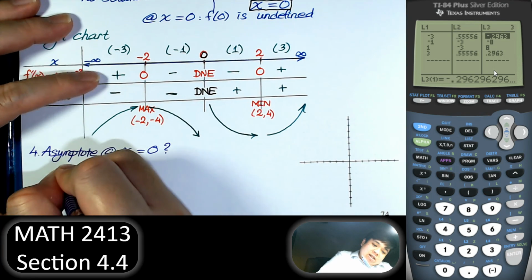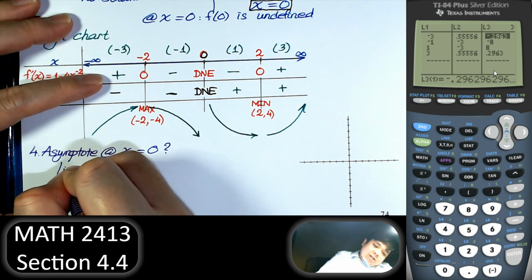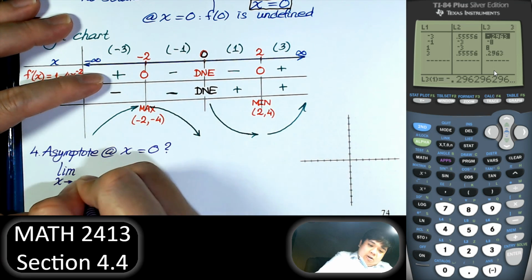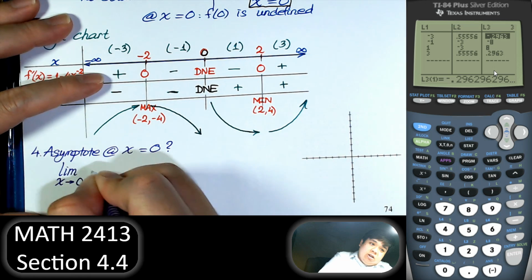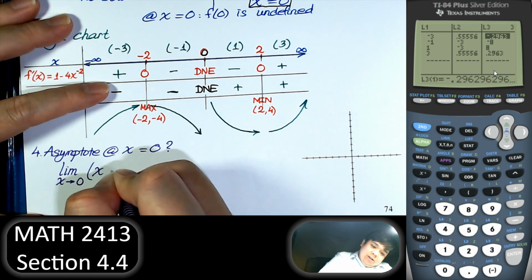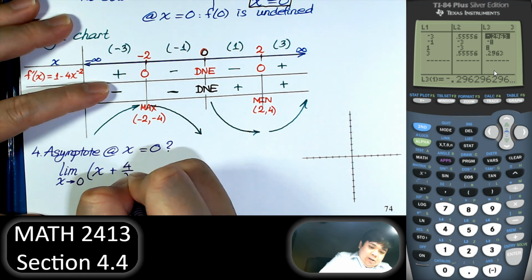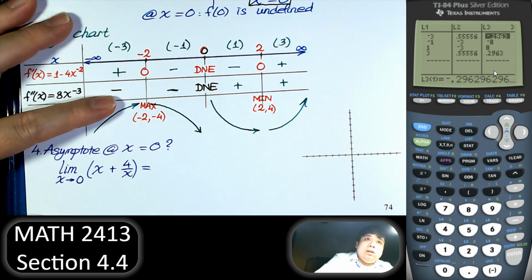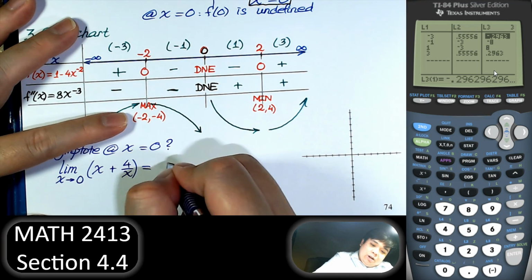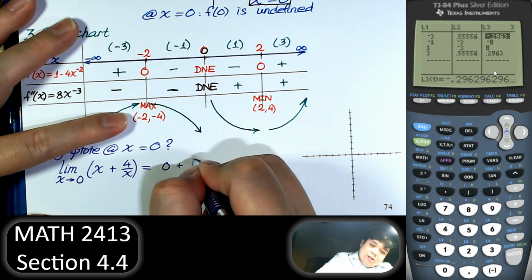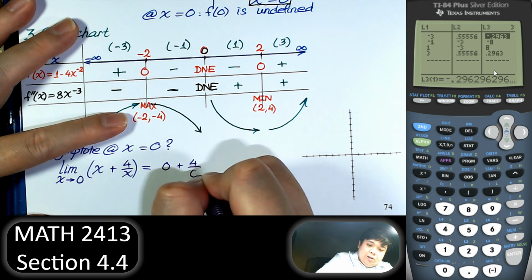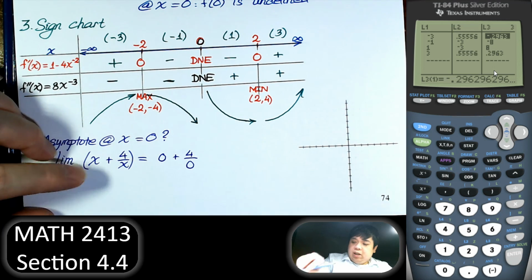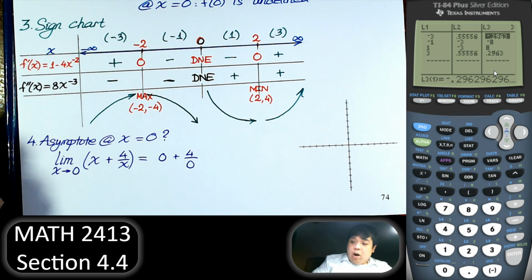So we take the limit as x goes to 0 for the function. Right, so if we do that, put in 0, of course 4 over 0 like this is not going to work, right? So in that case, we have to consider the one-sided limit.